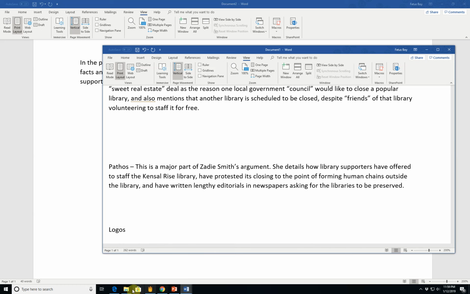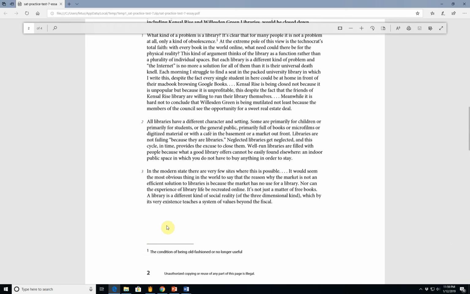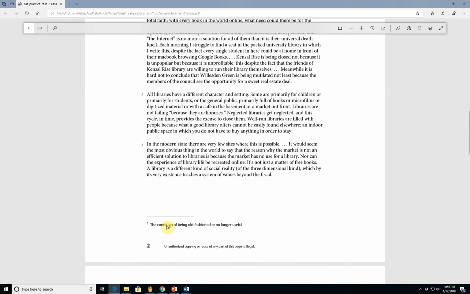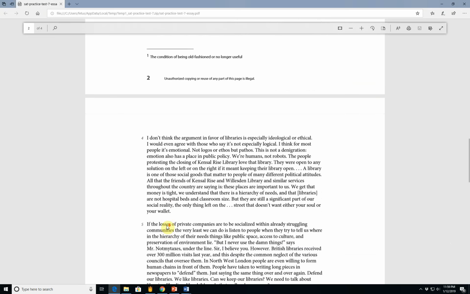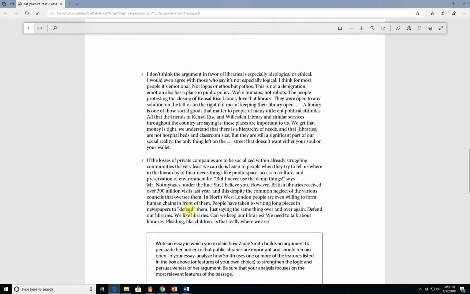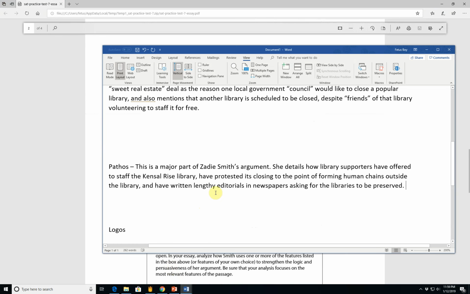And we can see here, okay, Northwest London. Okay, so I don't know whether it's Kensal Rise. It's outside libraries in Northwest London.